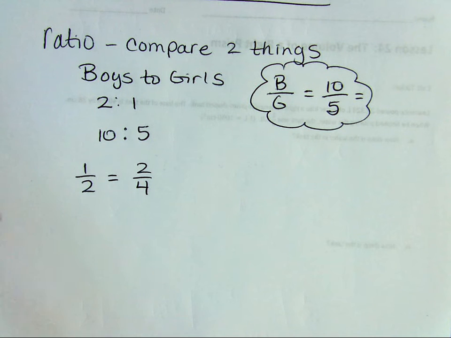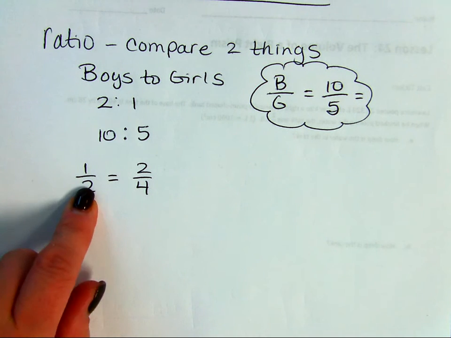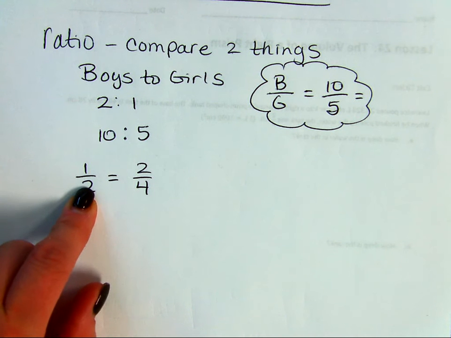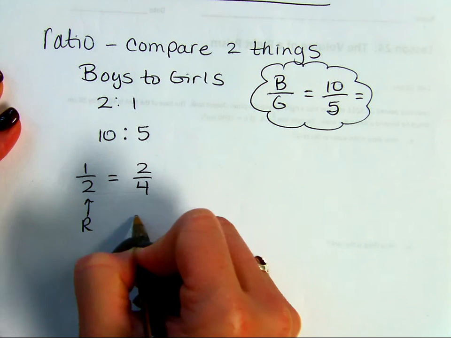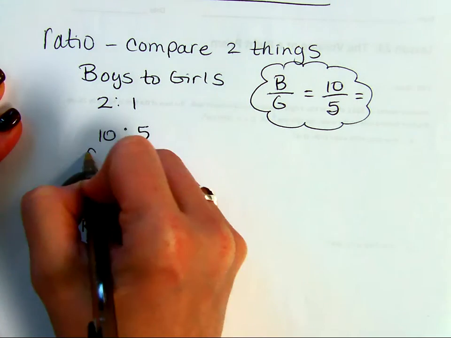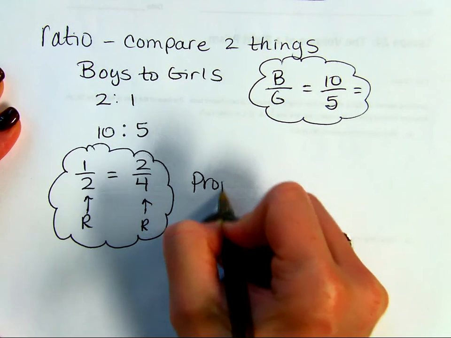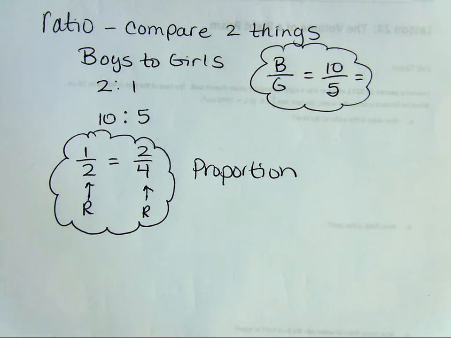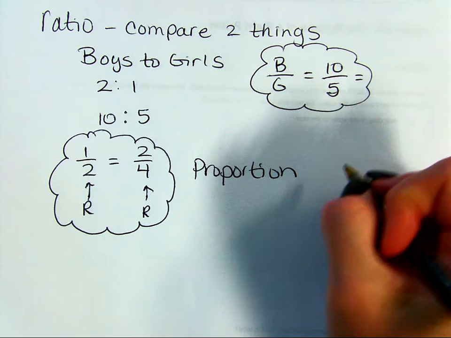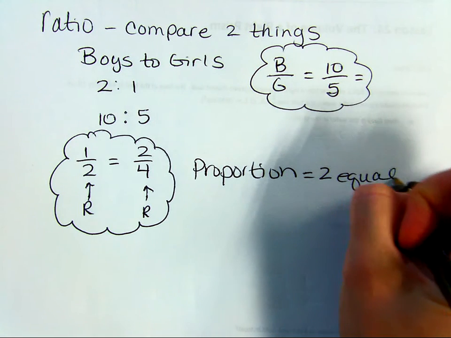I take a ratio that's equal to that ratio, and this is the easiest one. We all know that a half equals 2/4, right? When you take 2 ratios that are equal to each other together, that creates what we call a proportion. So, a proportion is when you have 2 equal ratios.